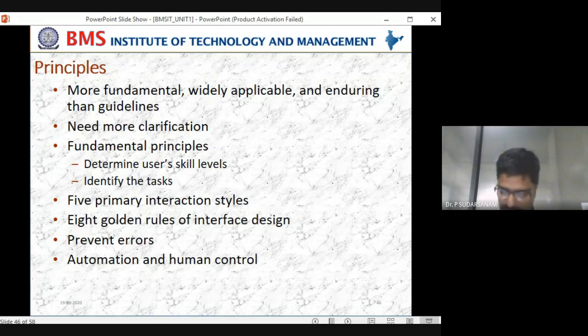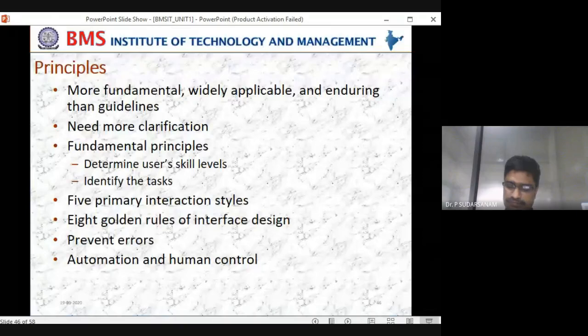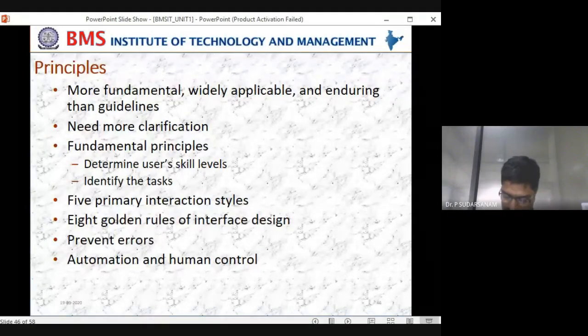Ashwini, 7. Yes, sir. 8. Yes, sir. 9. Yes, sir. 10. Yes, sir. 11. Present, sir. 12. Present, sir. 13. Harini. 14. 15. Present, sir. 16.